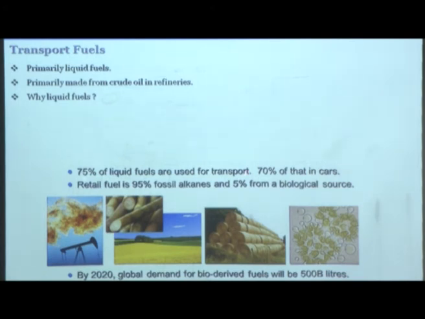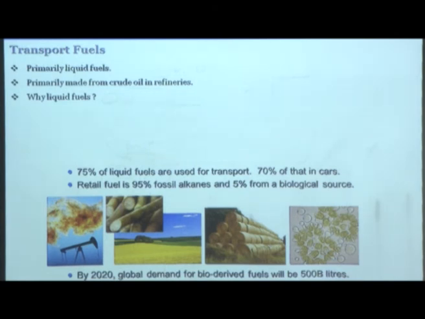70% of the liquid fuels are used for transport. 70% of that is used in cars. 30% is used in buses, trucks, locomotives, and also in ships. Retail fuel is 95% fossil alkanes, and about 5% is from biological sources such as alcohols and biodiesels.